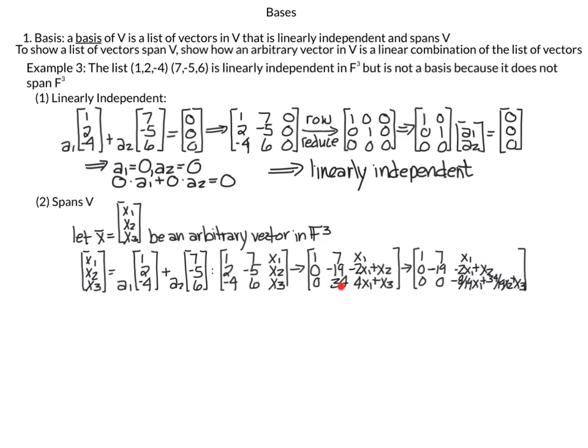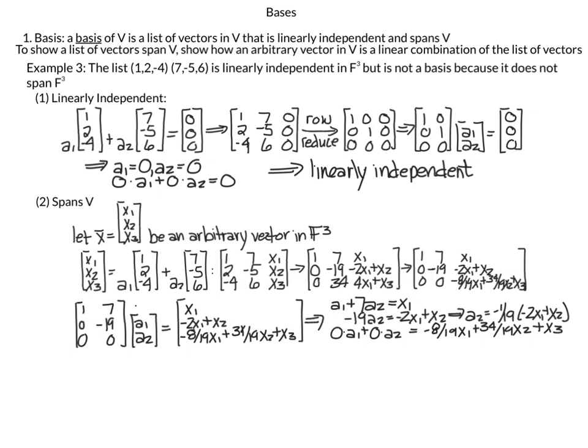To eliminate this 34, I multiplied the second row by 34 over 19. So I got a 0 here, and when I multiply this by 34 over 19 and add it to our 4x1 plus x3, I got negative 8 over 19 x1 plus 34 over 19 x2 plus x3. So many complicated fractions. I don't know why it had to be so difficult.